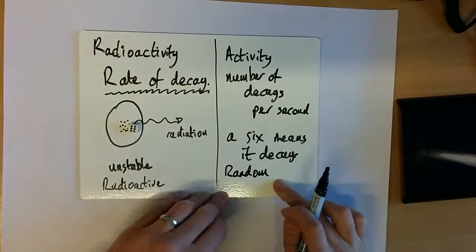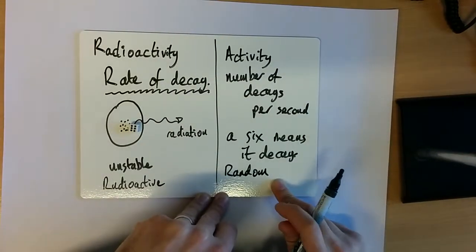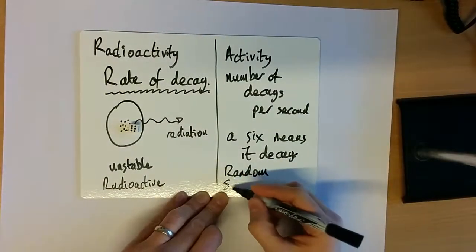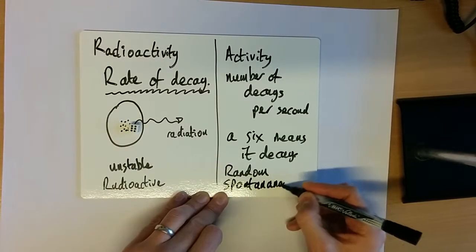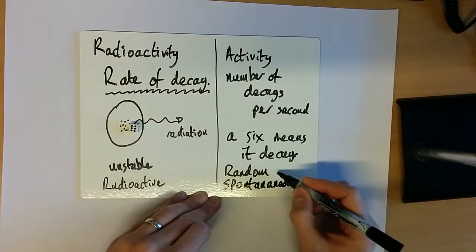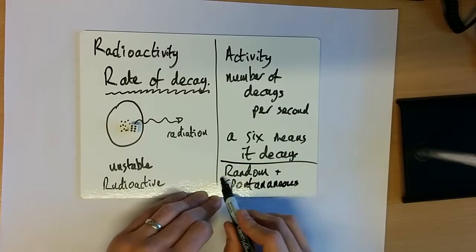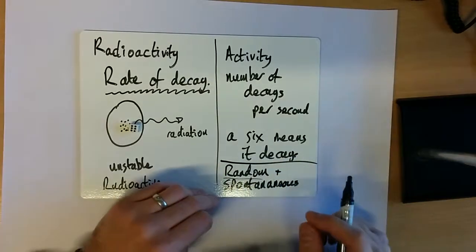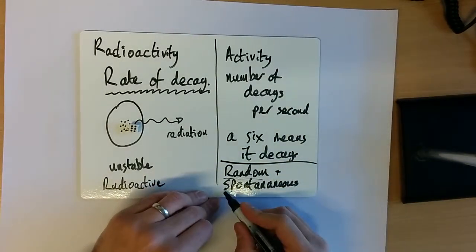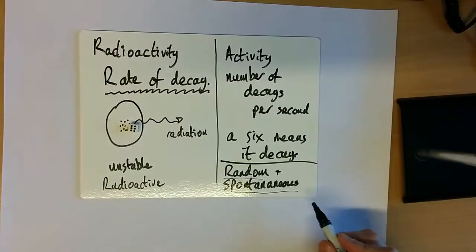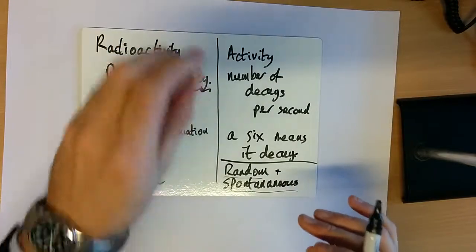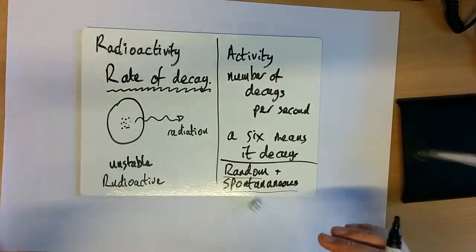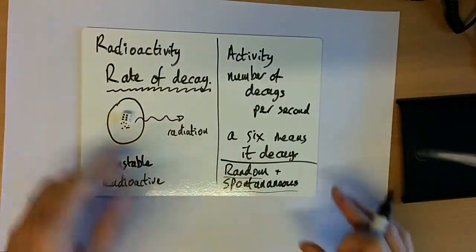It is impossible to know when it will decay, and it is also spontaneous. Random means I don't know when it will decay, and spontaneous means I cannot make it decay. I cannot force this to be a 6.